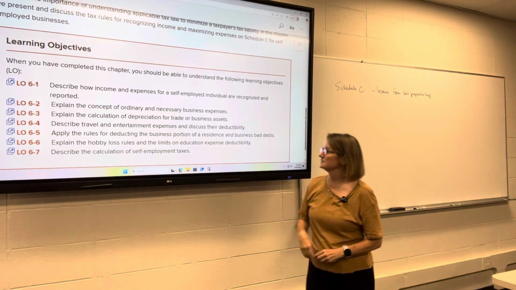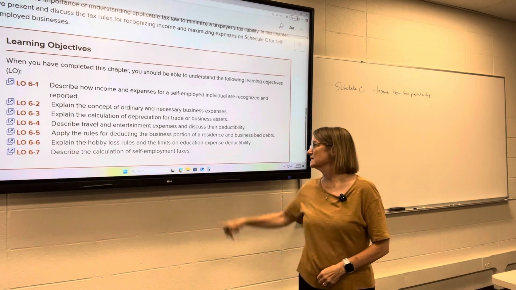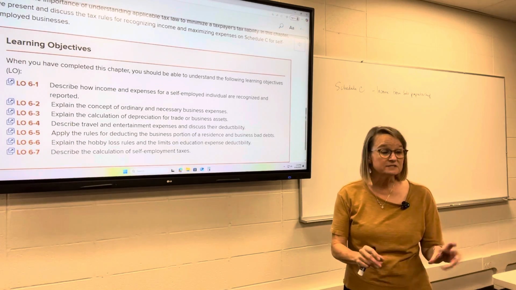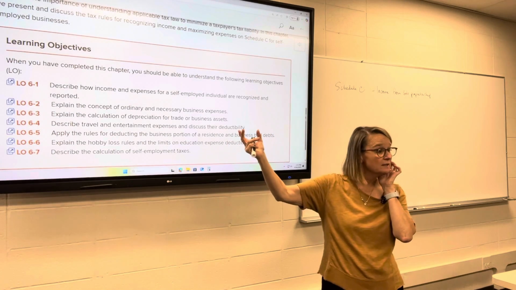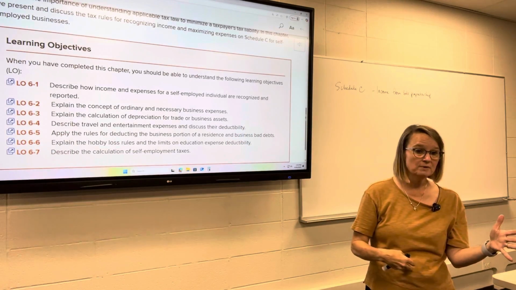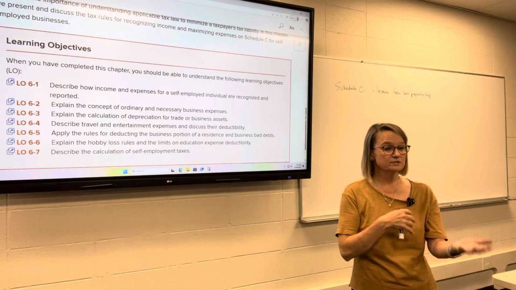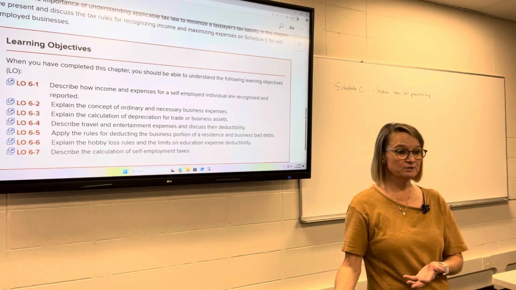The rules for deducting the business portion of a residence and business bad debts. So business portion, this is the home office deduction. Home office deduction only applies to individuals who are self-employed. So if you're just a W-2 employee and you work from home, you cannot deduct any of the expenses associated with that income because you're a W-2 employee.